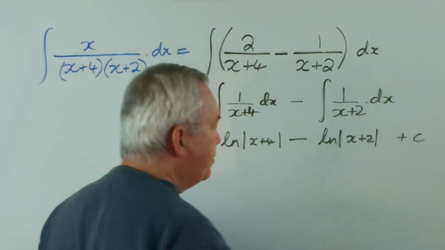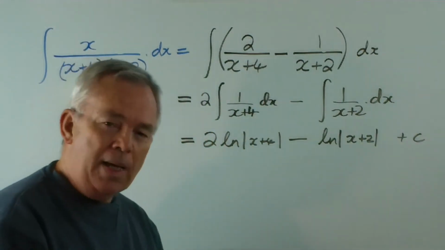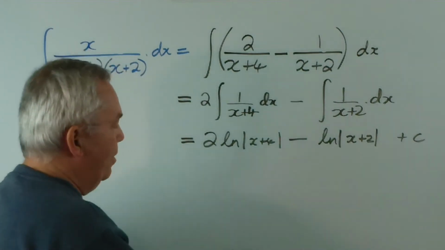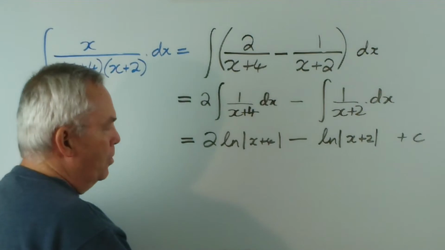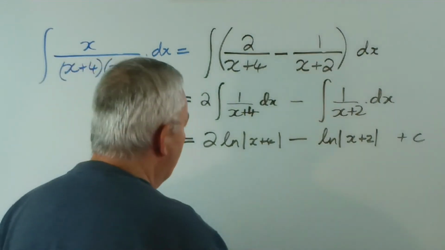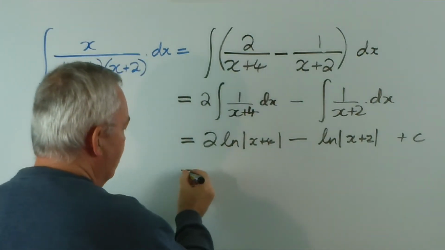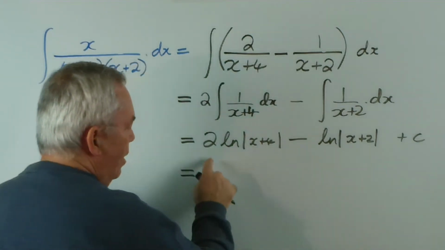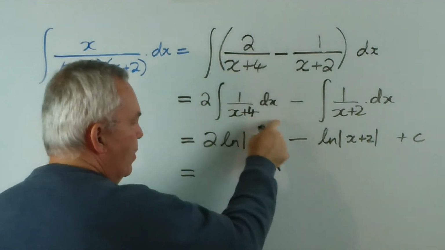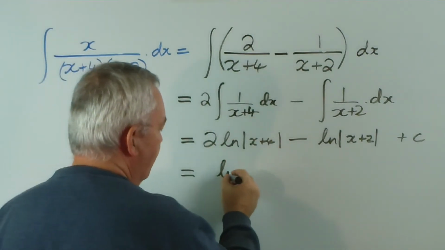plus c. And there we may stop, but we know some logarithmic rules which will help us to resolve this into a much simpler expression, or at least simplify it. This 2 at the front could be moved inside as a power.